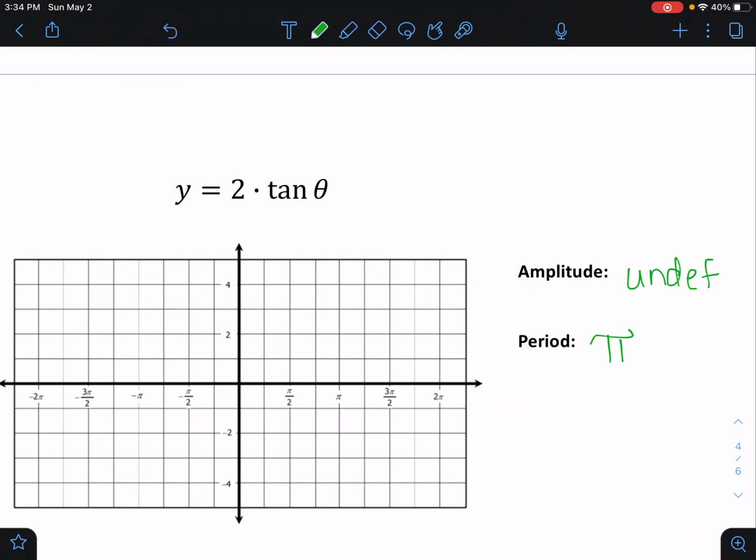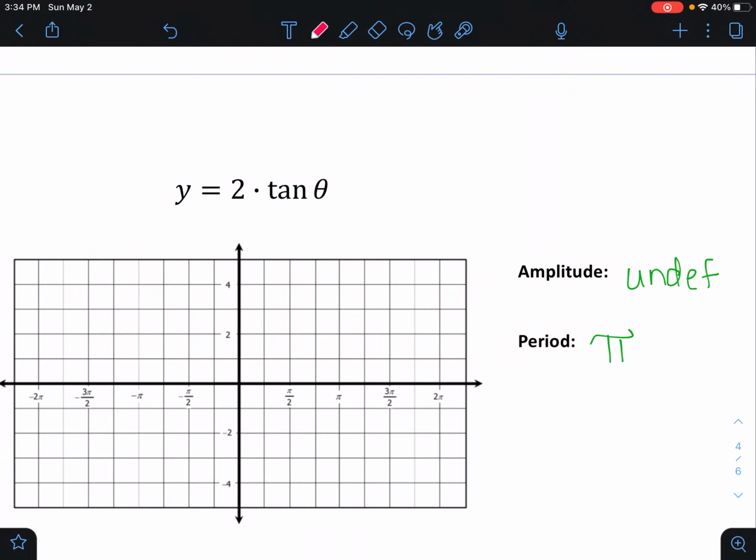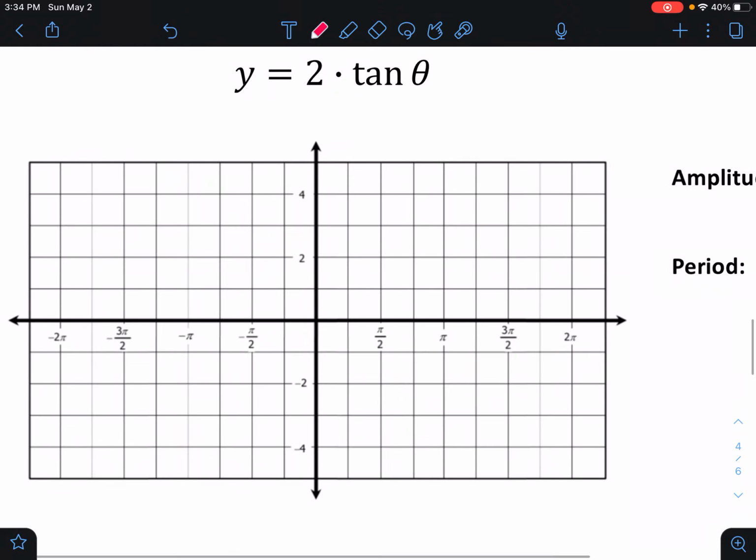All right. So I already know, because the period hasn't changed, I'm going to put some asymptote lines. You can use whatever color you like. I kind of like to stick to bright colors here. So my period hasn't changed, so that means these will stay in the same spot.